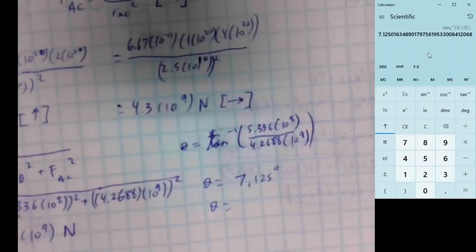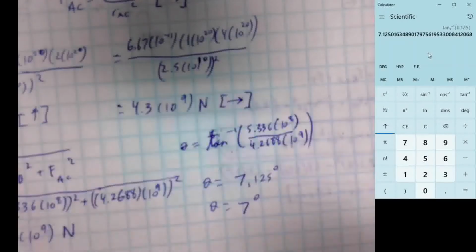And your degree measure should always just be in terms of whole degrees, unless you're told to do something separately, or unless we're dealing with very small angle measures like we'll be dealing with in Unit 4.